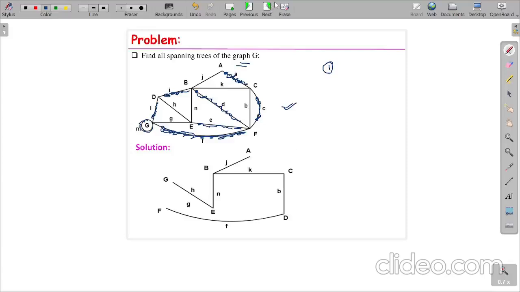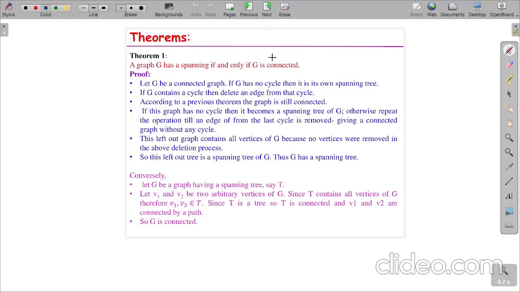A spanning tree is a subgraph of a connected graph that contains all vertices of G. So this is our required spanning tree. Now there is a theorem: G has a spanning tree if and only if G is connected. So let G be a connected graph. If G has no cycle, then it is itself a spanning tree.